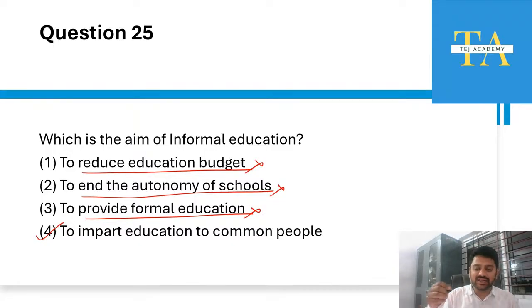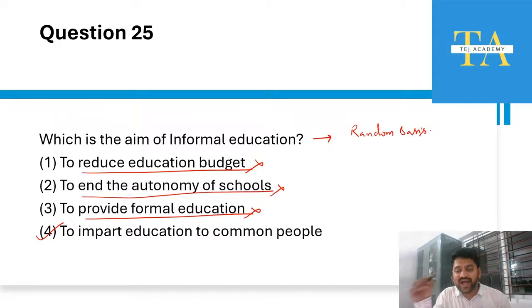What is meant by exactly informal education? Informal education indicates it occurs on a random basis without much structure. There won't be any timetable, there won't be any organization or institution. Informal education is going to happen randomly, in the family.